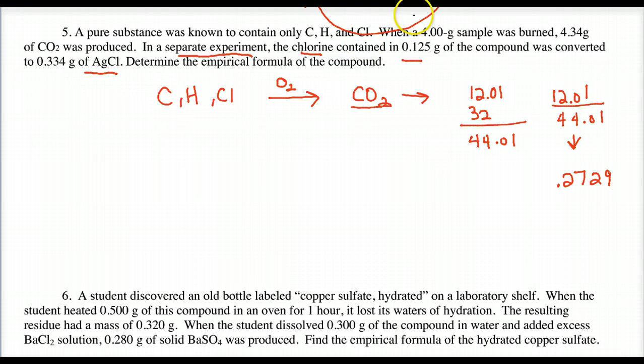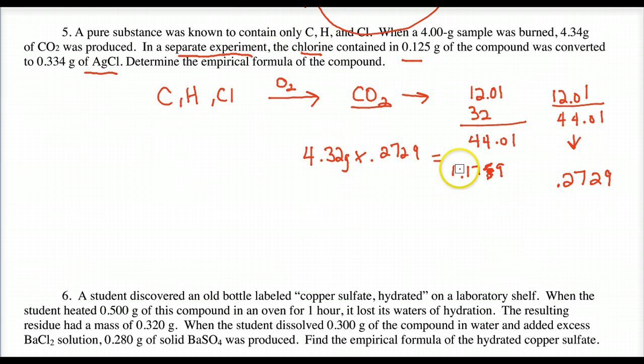All right, great. Well, what do we have in the problem? We know that there is 4.32 grams of CO2 produced. I'm going to multiply that by 0.2729, and that's going to give me exactly how much carbon. 4.32 times 0.2729 gives 1.178, so probably I should round that to 1.179 grams.